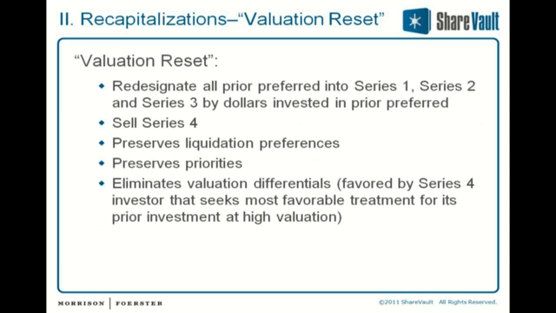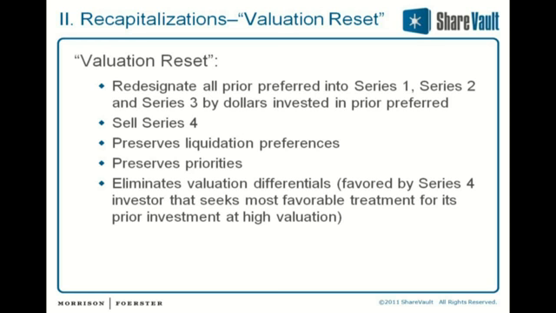The first recap that I want to show you is the valuation reset. The valuation reset is a transaction in which we redesignate all of the prior preferred, which are often lettered, into Series 1, Series 2, and Series 3. In this case, we're going to do it by dollars invested in the prior preferred, because we're going to eliminate the valuation differentials that those 3 series came in under.